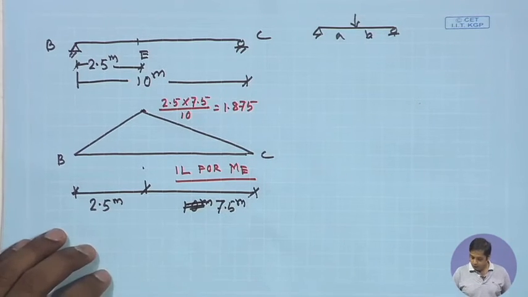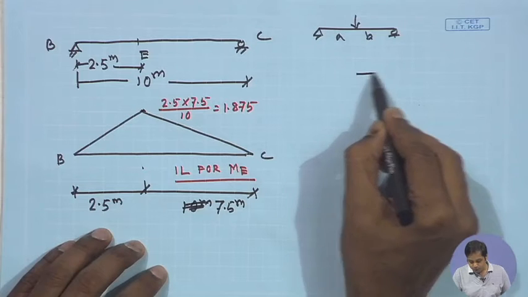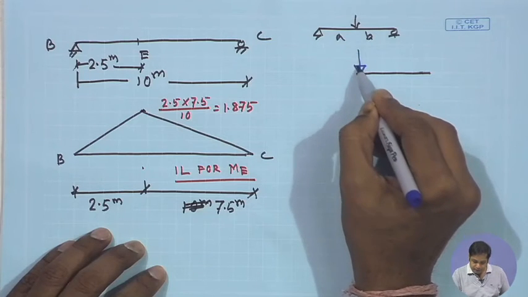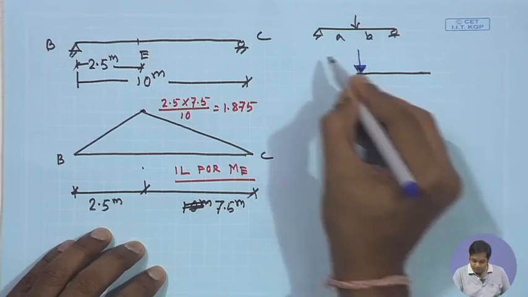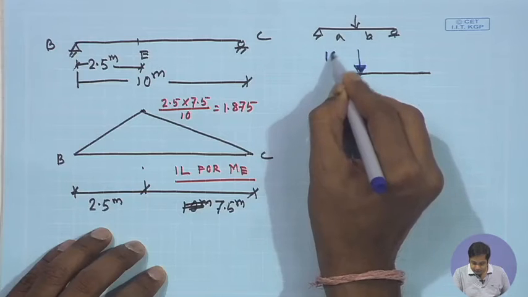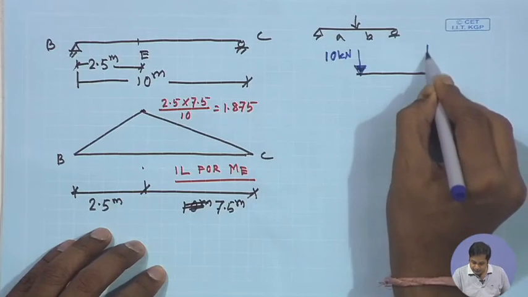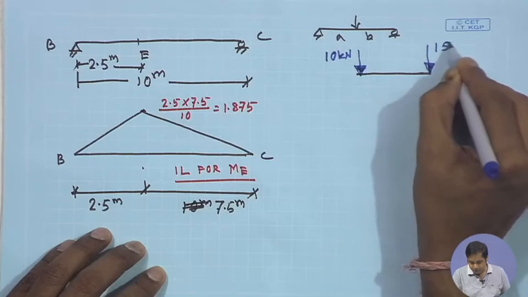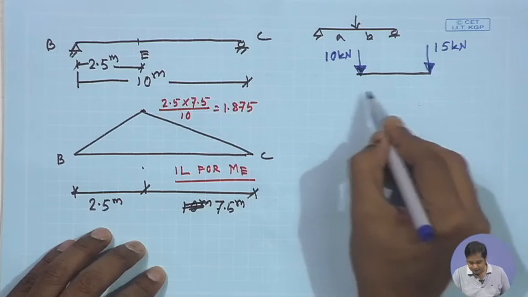Okay. Now, what is the load we have? The load we have first is 10 kilonewton, and then this is 15 kilonewton, and this distance is 1 meter.